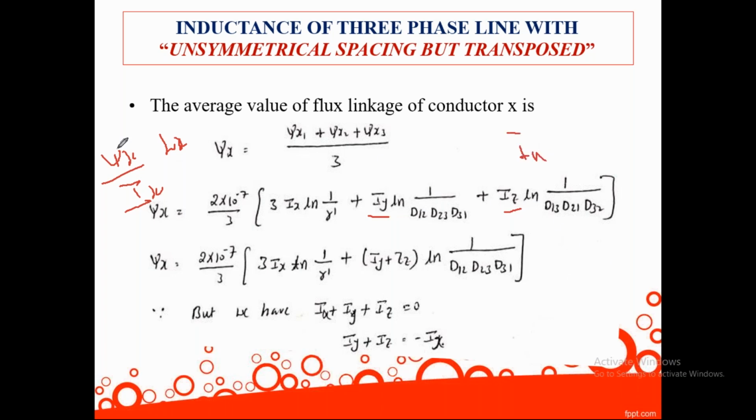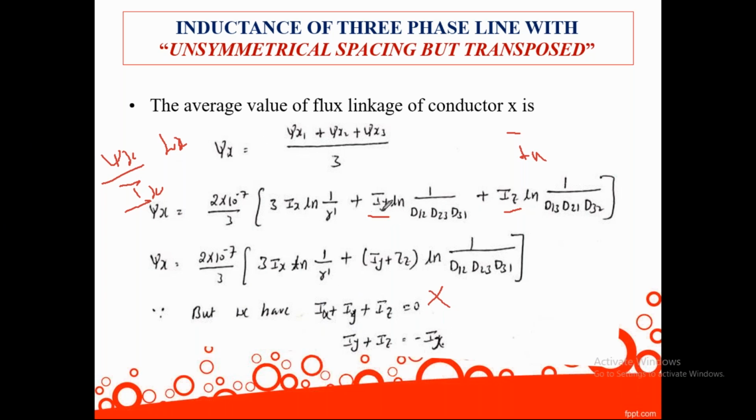I already told you how we can remove these two currents: if the unsymmetrical phases are transposed, then it makes the balanced condition. If we are not placing the transposition, then you cannot rectify this problem. Here, due to the transposition, the balanced condition is maintained. That's why we are carrying the condition Ix plus Iy plus Iz equals 0.